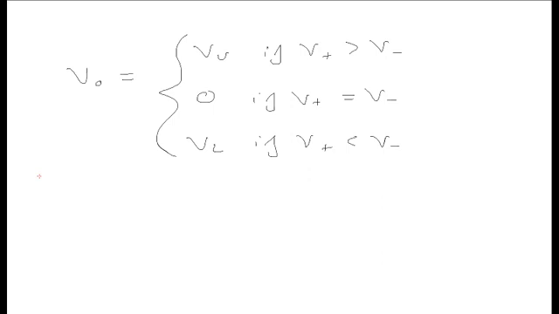This behavior is called saturation. It means that no matter what we do, we can never get higher than V upper, and lower than V lower. You may also see it called clipping.